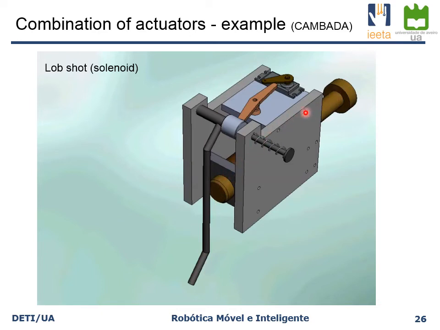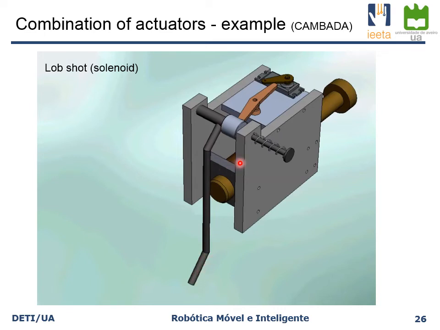You can see the plunger that goes inside this part. There is the coil outside that plunger, and here in the back is an example of a servo. This servo is mechanically connected to the front, so it can rotate around this pivot point, and it allows moving sideways this mechanical part that is used to kick the ball.